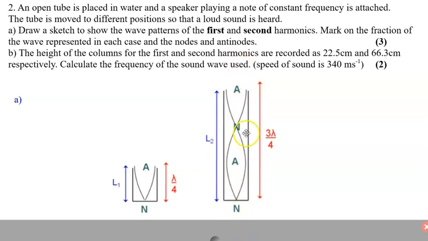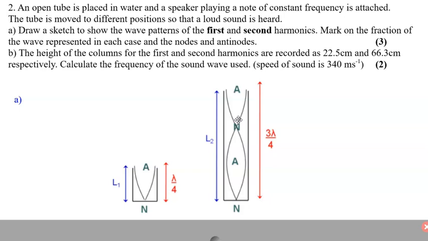We can see that we have 1.5 loops here, which is 3/4 of a wavelength, 3 lambda over 4. So we don't need to mark on L1 and L2 in this case. So 3 marks, fairly typical question. Draw the standing wave in different harmonics, mark on the nodes and the antinodes, and indicate the length of the wave. So that's quite a standard question.